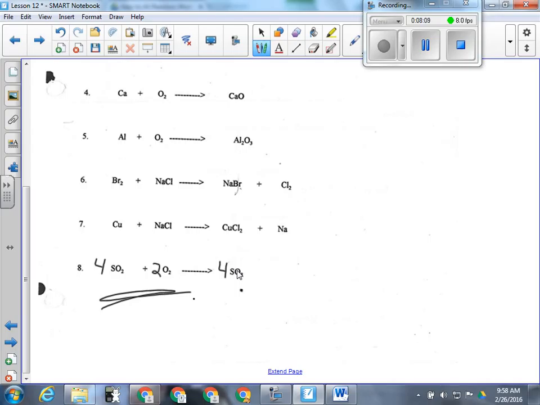In this case, I can divide everything by 2 and end up with 2, 1, 2, and still have it be balanced. So on this side, there's 4, 6, and over here there's 6. So it works. Everybody follow me on that? It's not going to happen often, but once in a while, you'll look at your reaction and go, that's too big. I can reduce all of those numbers, or I can divide all of those numbers by something. Question, Nicole? No?